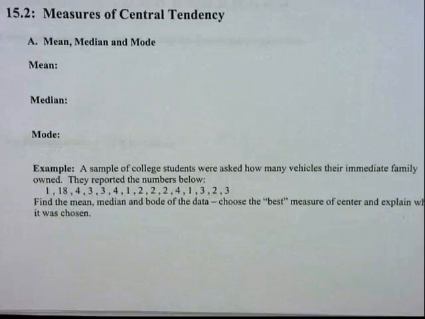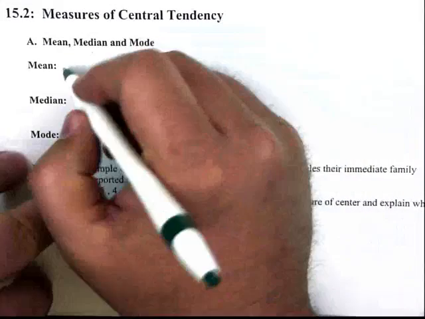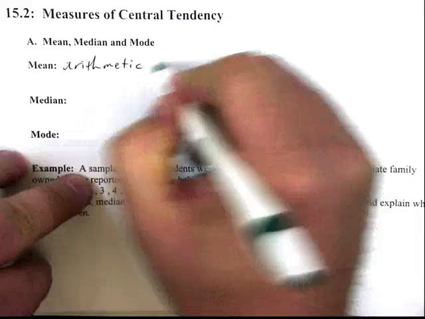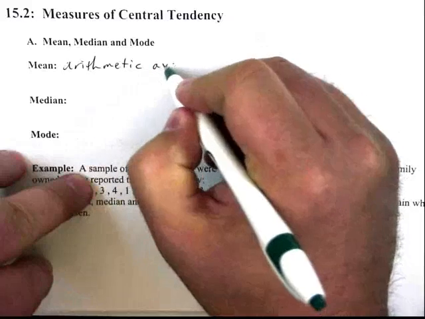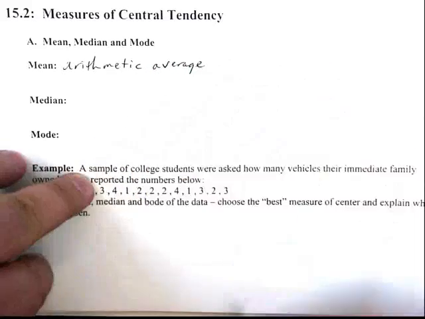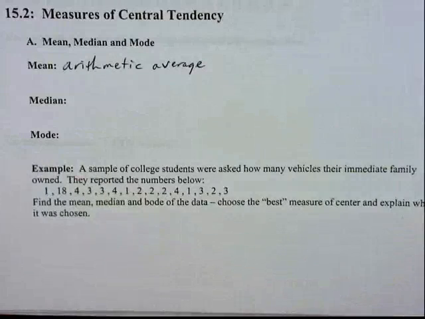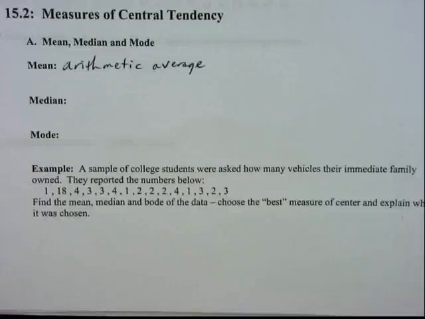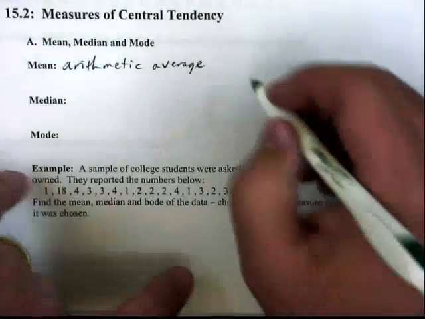The one that you're probably most familiar with is the mean, which is also known as the arithmetic average, or sometimes you'll just see it referred to as average. So when they talk about finding the average of a set of data, typically what they're doing is they're saying, let's find the mean of that set of data.